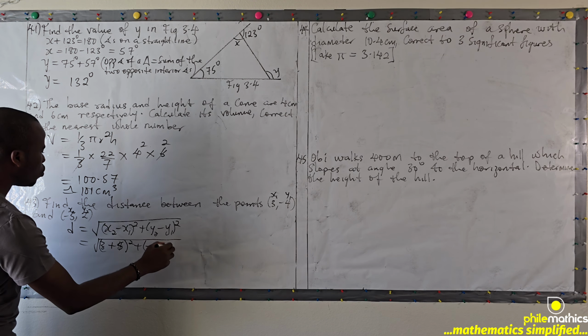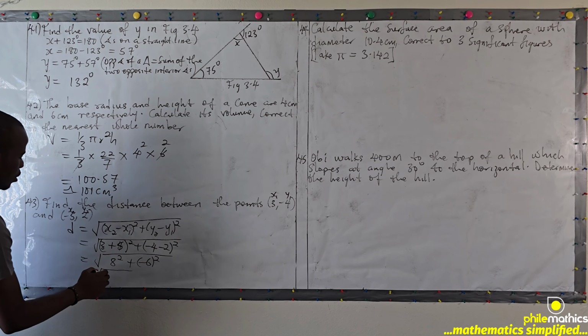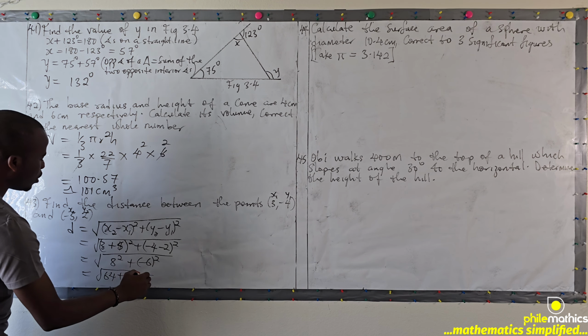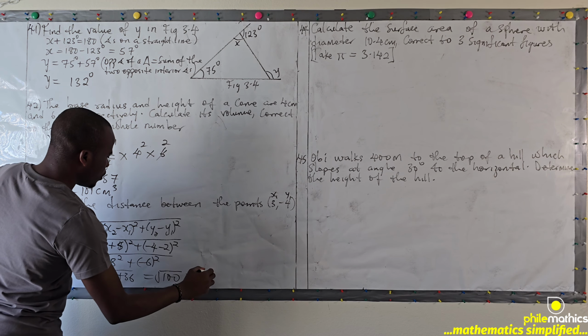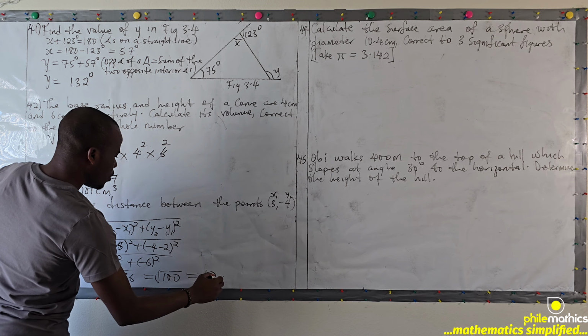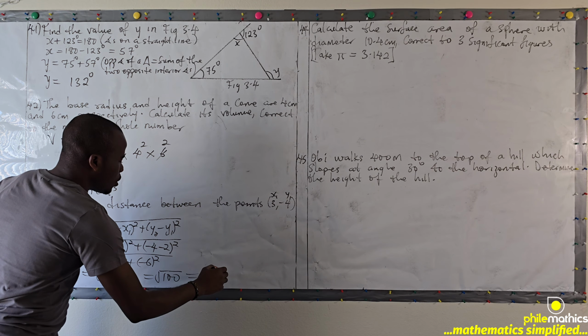So this is square root of 3 plus 5 is 8 square, minus 4 minus 2 is minus 6 square, and 8 square is 64, 6 square is 36. This is square root of 100, and this is 10. The distance is 10 square units.